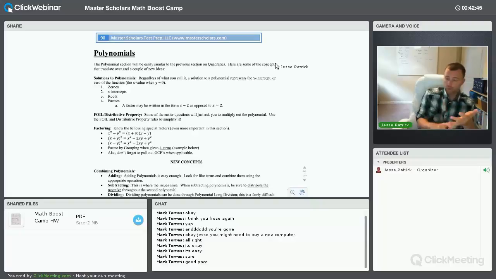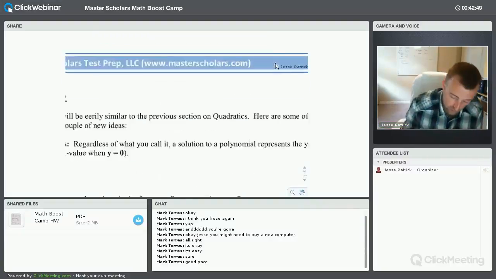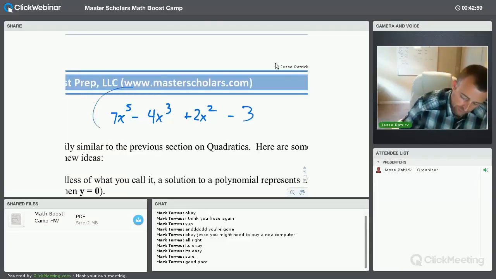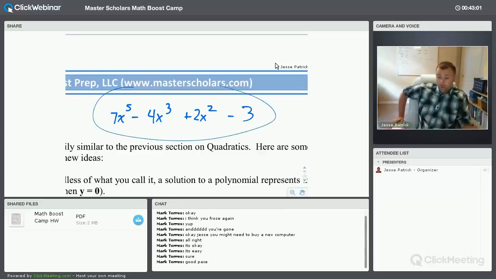So polynomials could be degree 1, 2, 3, 4, 5, 6. For example, 7x to the 5th minus 4x cubed plus 2x squared minus 3. There's a polynomial for you. Not a fun one, but that's what a polynomial is.